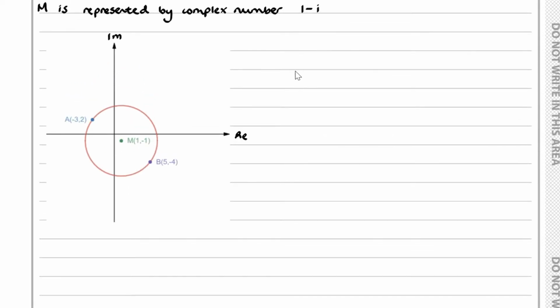So what we can now do is find out the radius of this circle. The radius r is equal to, well, we've got 5 take away 1, all squared, plus -4 take away -1, all squared, and then we square root all of this. So it turns out the radius is 5.